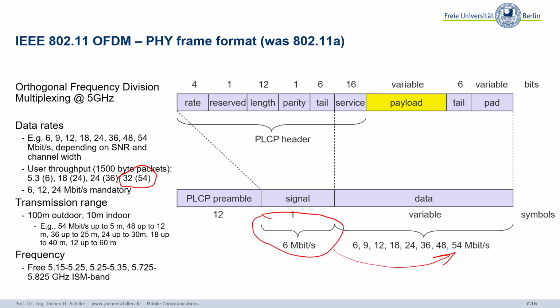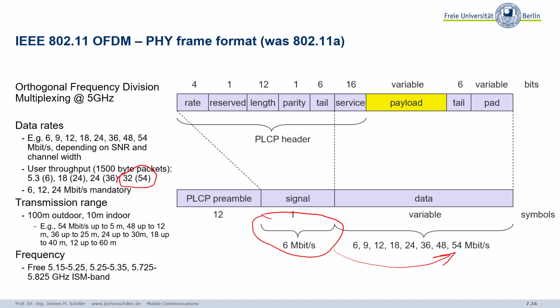As soon as you have a wall in between or more than 5 meters, the data rate drops to 48, 36, 24, etc., depending on the noise, the distance, and the signal attenuation. With these systems, you could never reach the 54 megabit per second, but the usual data rates were pretty lower. But still, it was higher compared to the 11 megabit per second of the 11b standard.